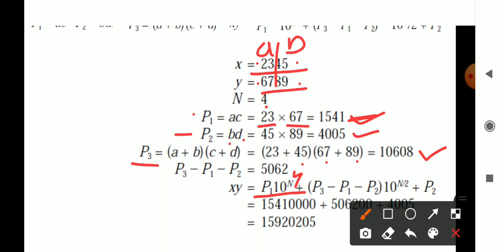After that we place the values of P3, P1 and P2 and multiply by 10 raised to the power n by 2, and plus the last value, P2. Finally, when we combine all these values, we get 15920205. It is very simple to calculate numbers using the divide and conquer algorithm.